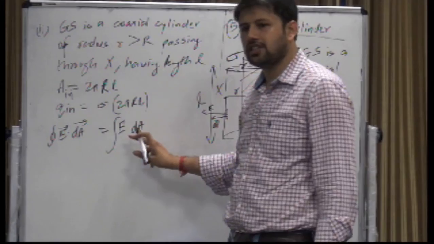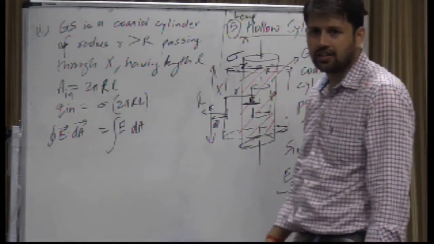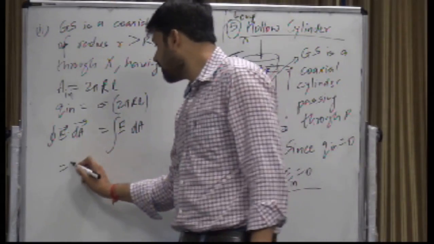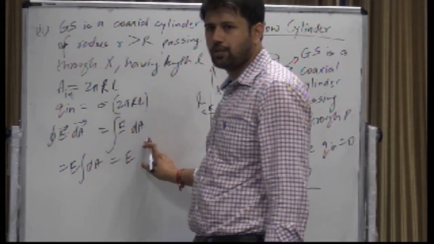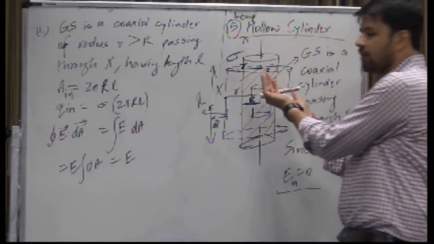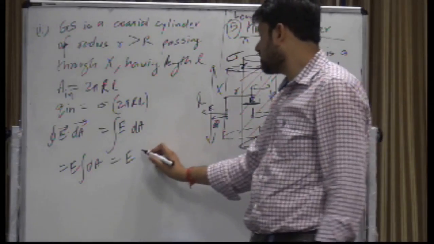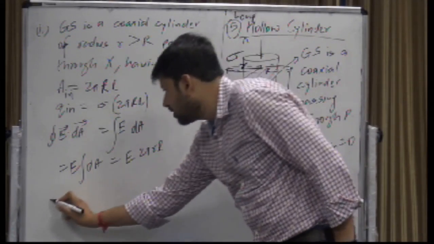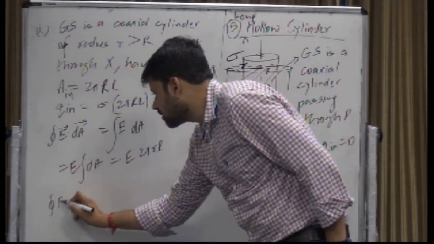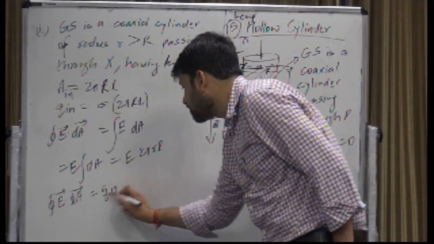Again, since E is same at all the points on the Gaussian cylinder, we can bring it out. It would become E integral dA. E integral dA would be how much? Area of the outer cylinder, basically the Gaussian surface, area is 2 pi r l, and you know this is equal to q inside by epsilon naught.